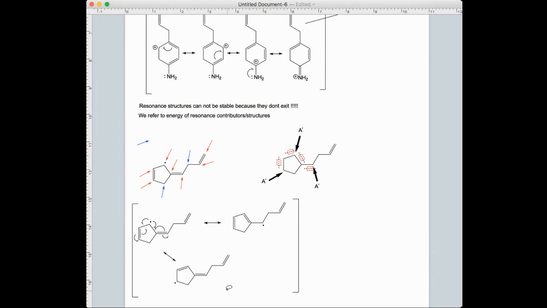When we read this data, we see that in this radical, there is delocalization. The single electron, this unpaired electron, is delocalized toward this area. That's what it means. This electron is delocalized, and the highest electron density will be on this carbon, on this carbon, and on this carbon.